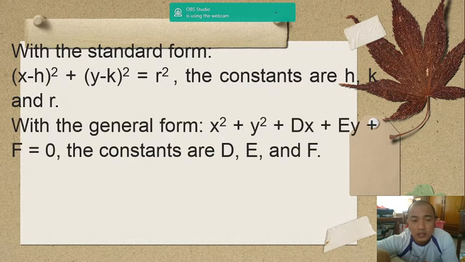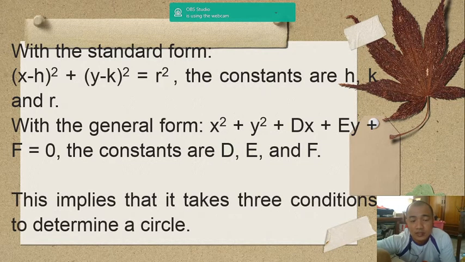In the general form, the constants are d, e, and f. So what does this tell us? This implies that it takes three conditions to determine a circle.